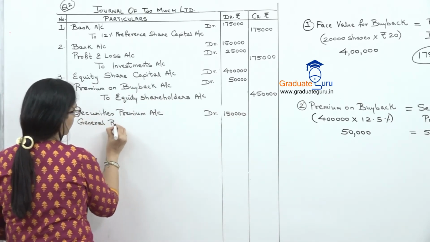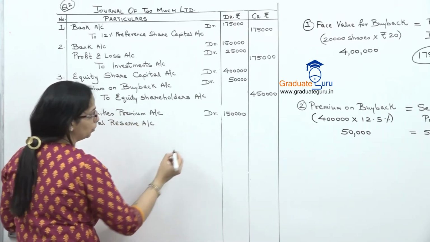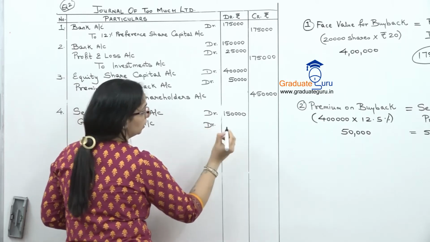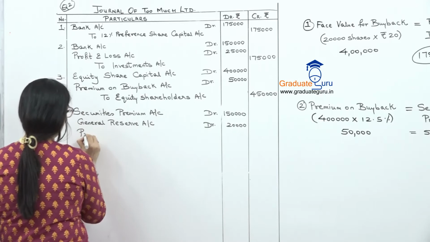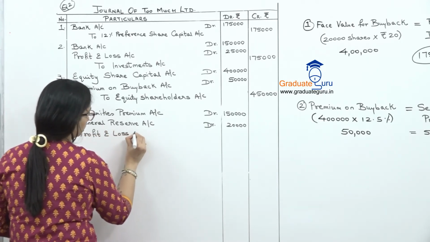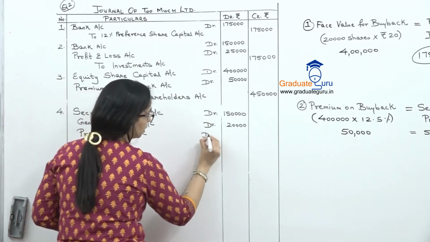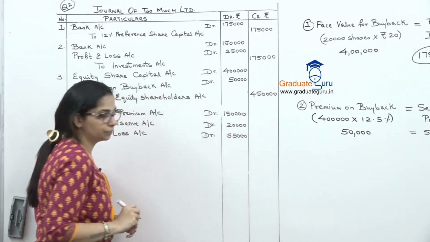General reserve account debit, amount we have used is 20,000. And profit and loss account debit, what we have used is 55,000. Okay.